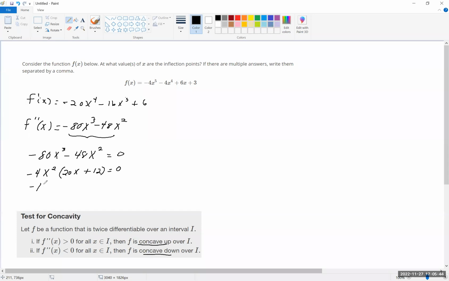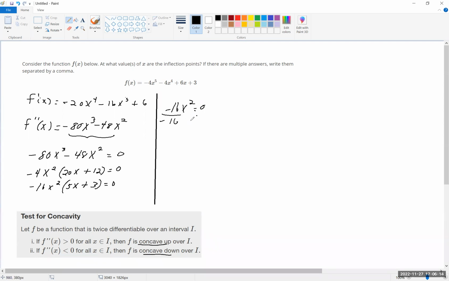So minus 16x squared, and that leaves me with 5x plus 3. Okay, so then I said minus 16x squared is equal to 0.